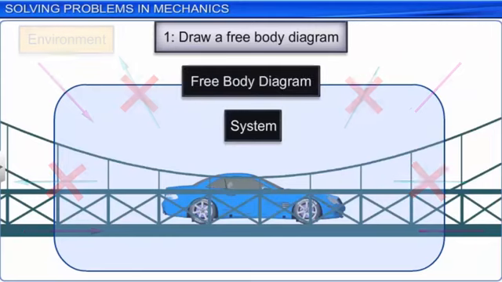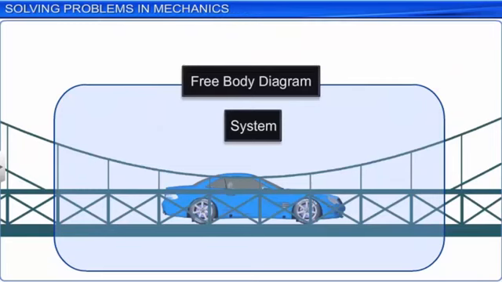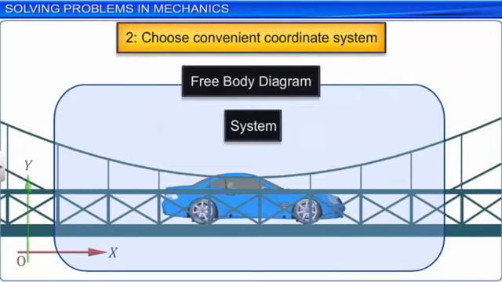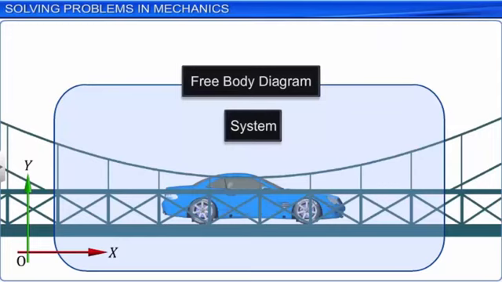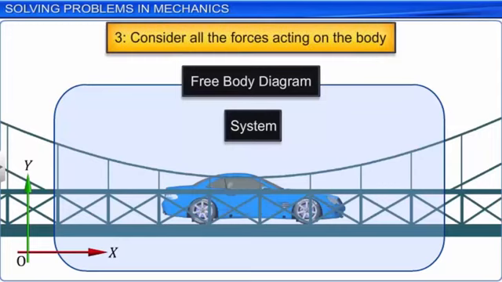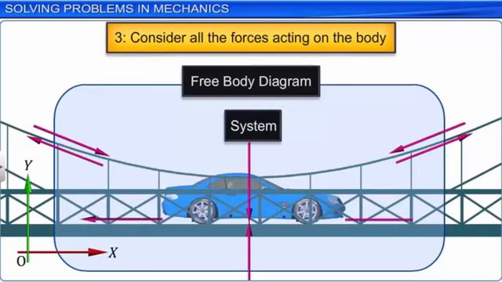In a free body diagram, we do not consider the forces applied by the system on the environment. Next, we choose a convenient coordinate system to resolve the forces involved. Coordinates should be chosen keeping in mind the probable direction of motion of the body. This makes the solution easier. Then, we add details about all the known and given forces on the system, indicating their respective magnitude and direction.